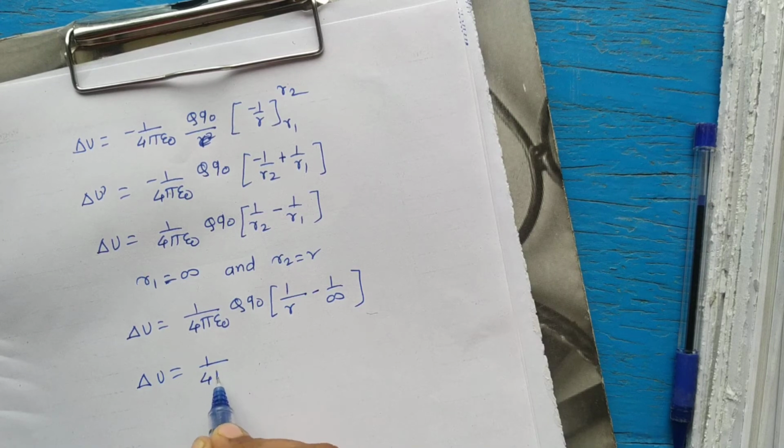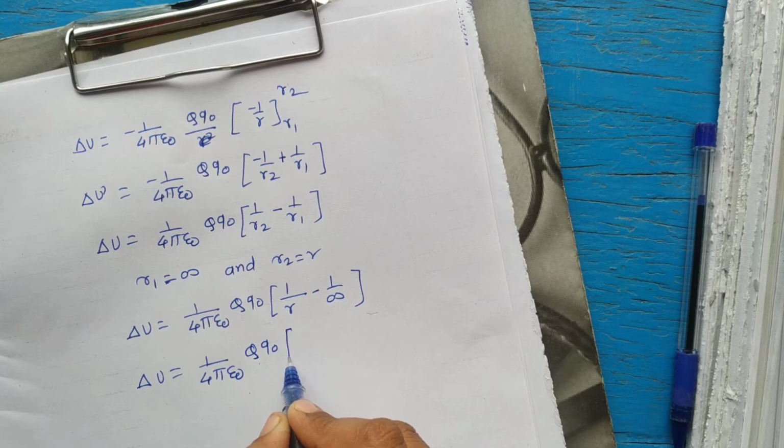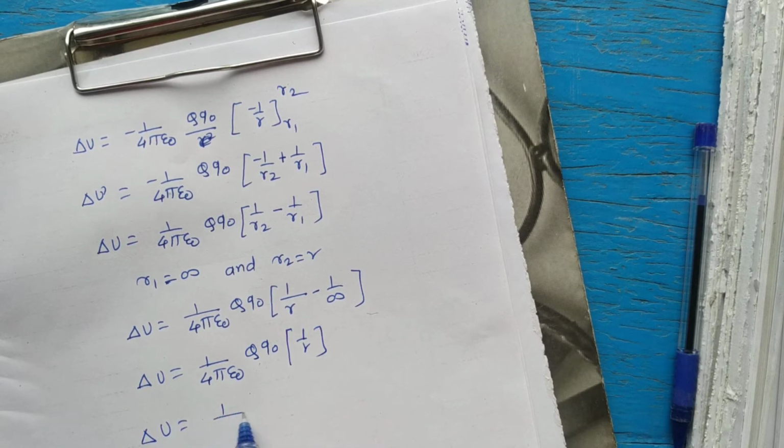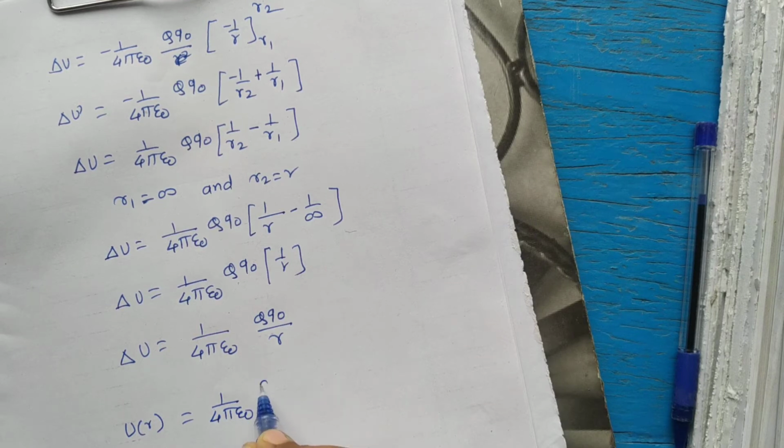Therefore delta U is equal to 1 upon 4 pi epsilon naught Q Q naught divided by r. So if we consider the charges as q1 and q2, then potential energy can be given by 1 upon 4 pi epsilon naught q1 q2 divided by r.